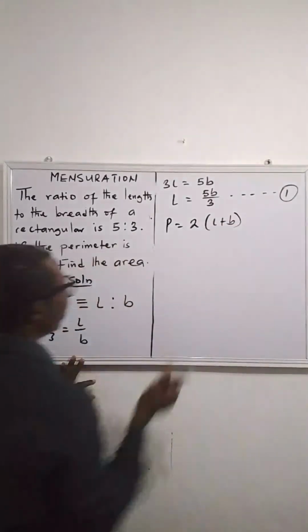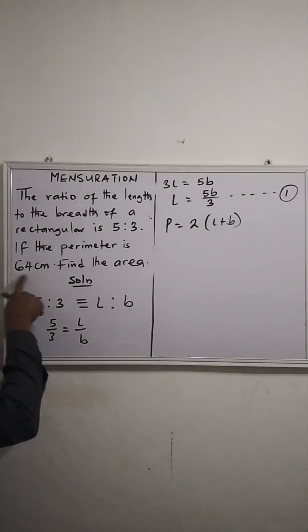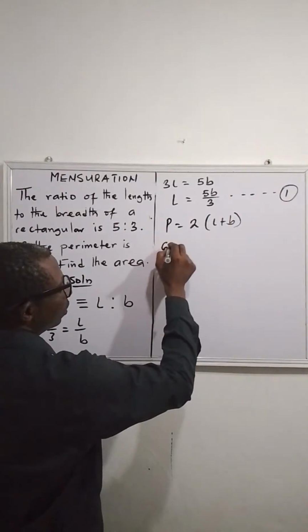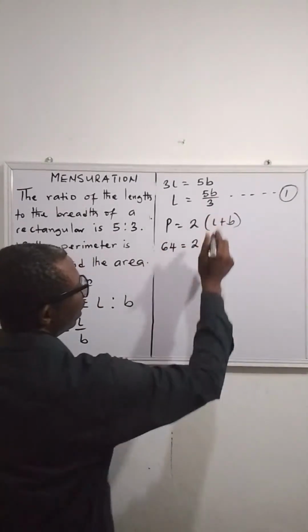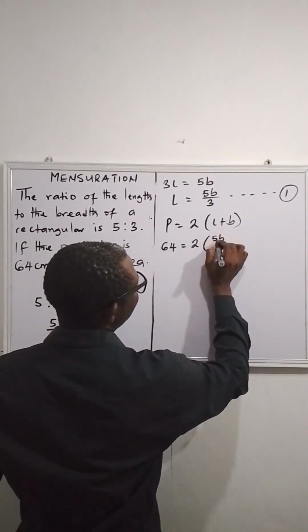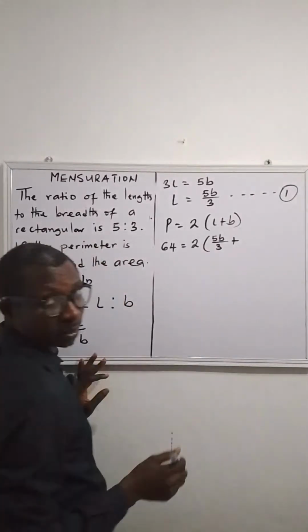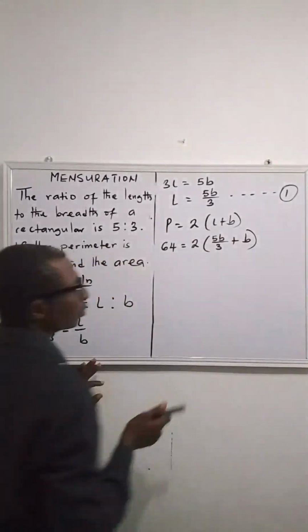This is the formula for perimeter of a rectangle. So here we have been given the perimeter to be 64. So P turns to 64 equals 2. What is L? L is 5B over 3 plus, now B is B.